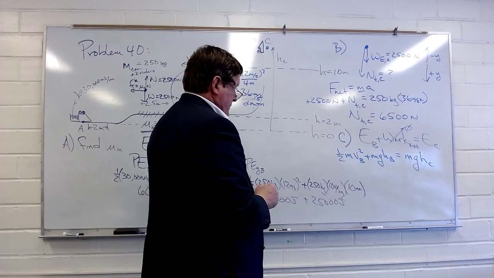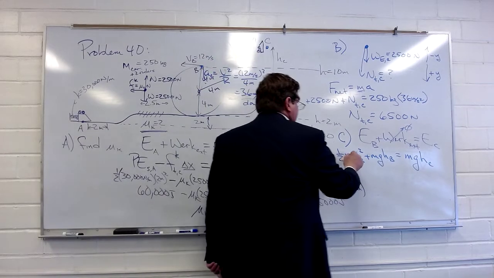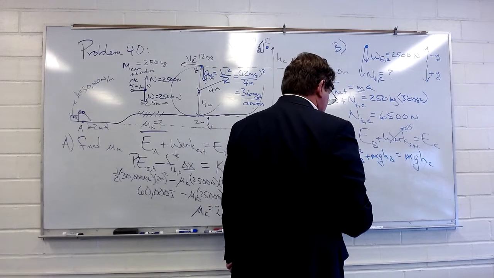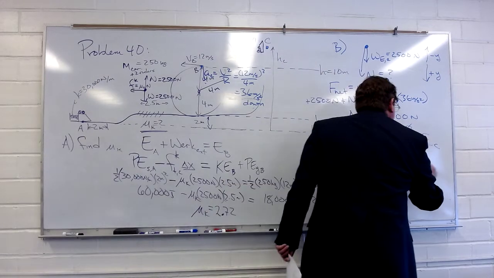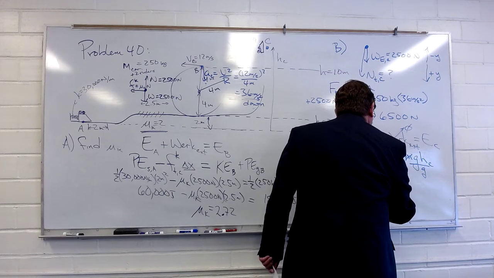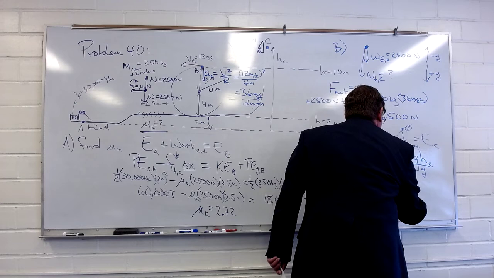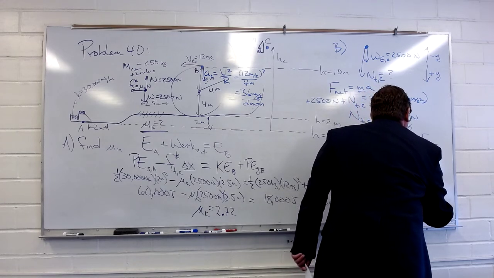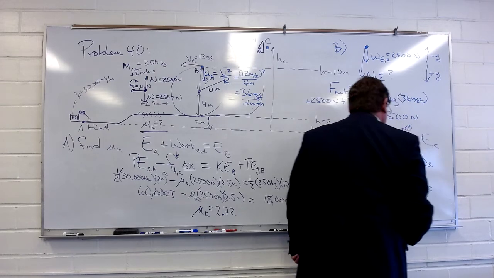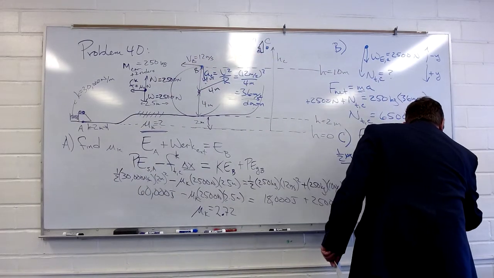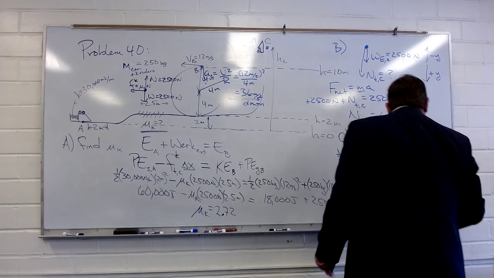Now you see that all of these terms have an m in it, so I can cancel out the m. And if I divide both sides by g, what I get is that the height at C is equal to the height at B plus VB squared over 2G. And when I plug in the values for that, what I find is 17.2 meters.